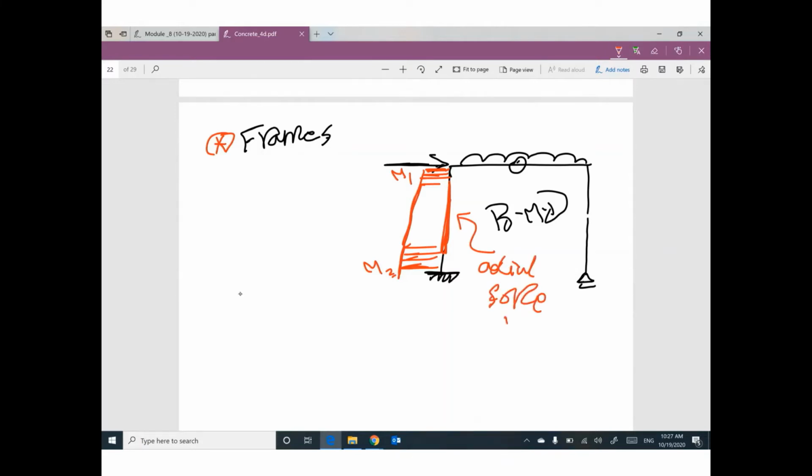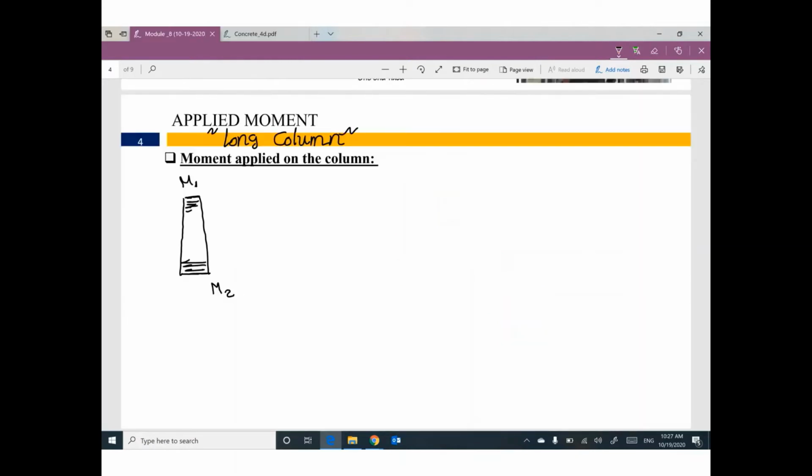So right now we have moment and we have P ultimate. If you have this case, M1 will be the smallest value, and M2 will be the bigger one. M1 and M2 will both be positive values.